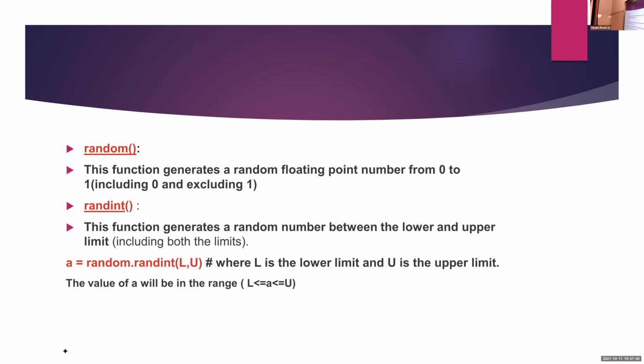This function generates a random floating point number between 0 and 1, including 0 and excluding 1. So random is a built-in function that generates this. We are starting with the module name itself, so first you want to import.